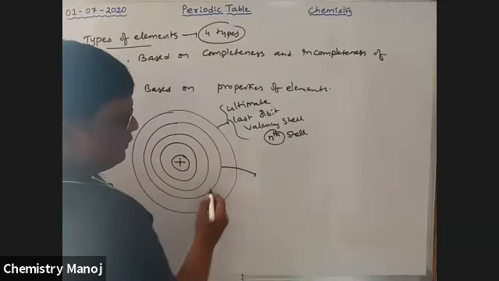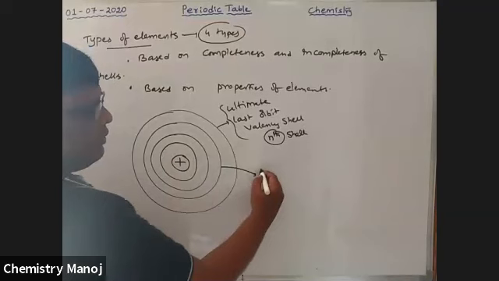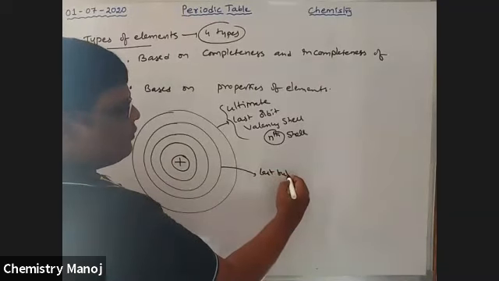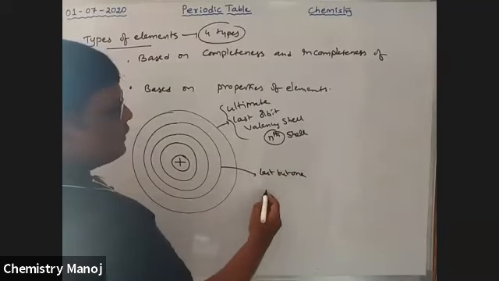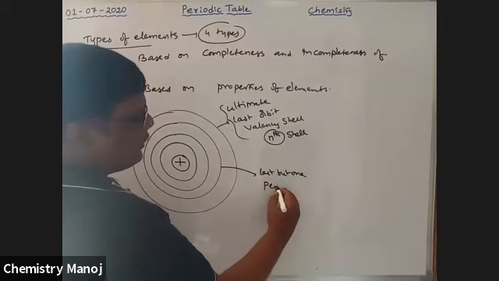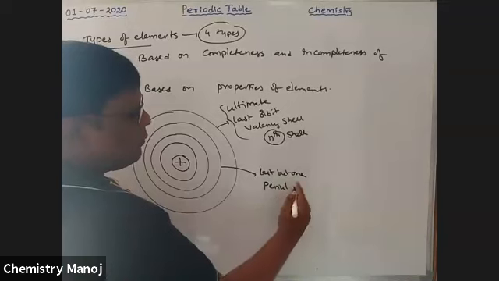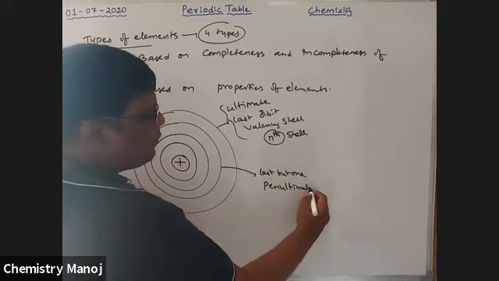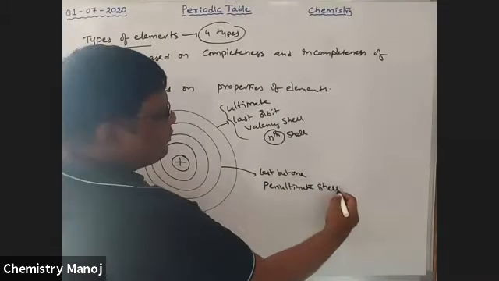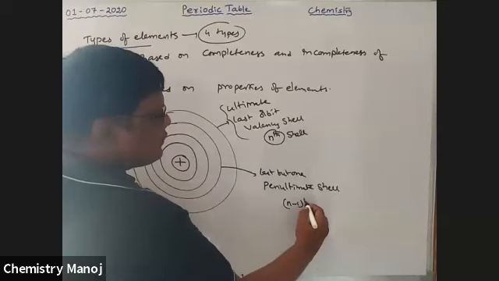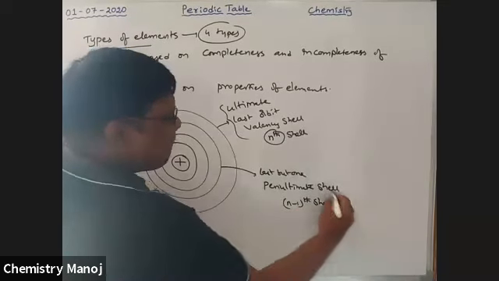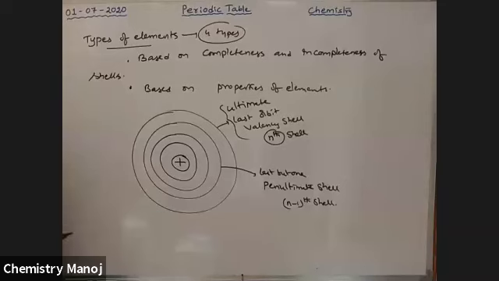This one, that is last but one, is called the penultimate shell, which is the (n-1)th shell.